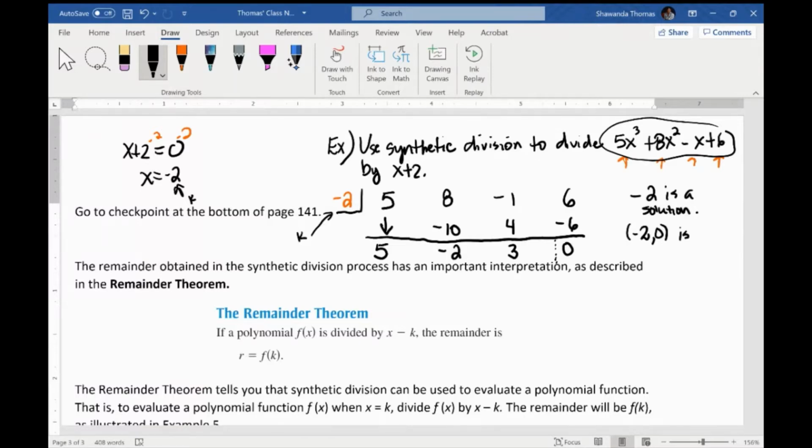What is it called? It's an x-intercept. It is a 0, it is a solution, however you want to call it. It all means the same thing. -2 is a solution. -2 is a 0. -2, 0 is an x-intercept. So that's a point on that graph. If we graph 5x cubed plus 8x squared minus x plus 6, your graph will go through -2, 0. It will cross the x-axis at that point.